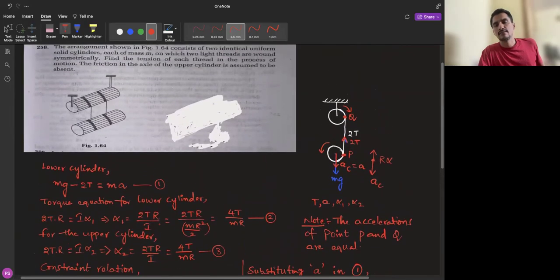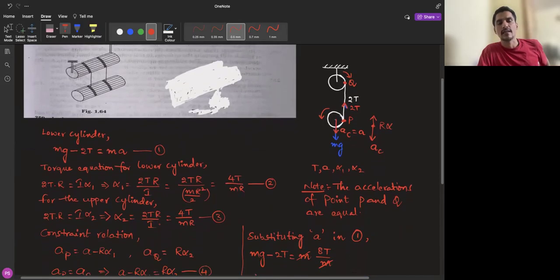In that, first let us write the translational equation for the lower cylinder, in terms of acceleration of center of mass. Downward force minus upward force equal to mass into acceleration. Later, we are writing the torque equations. And from those two torque equations, I'm writing alpha 1 and alpha 2 values.